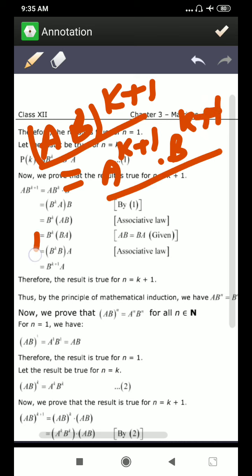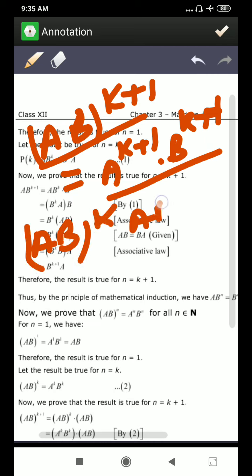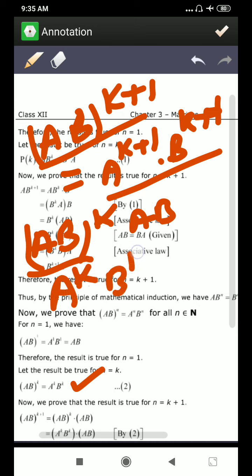We can write it as AB raised to power k into AB. Now it is given that AB raised to power k is A raised to power k into B raised to power k. You can write it as A^k into B^k into AB.